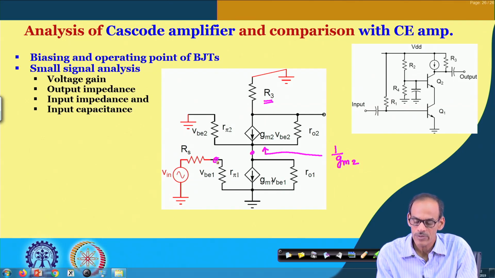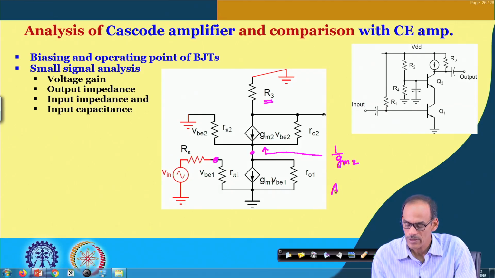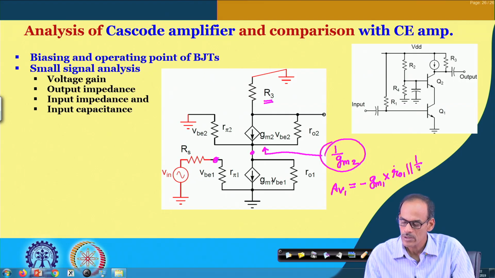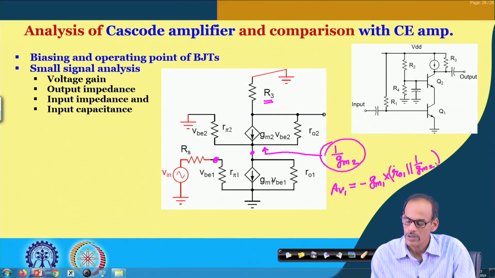So, the voltage gain from here to here, if I call it A V 1, is minus g m 1 multiplied by R O 1 in parallel with whatever impedance we are seeing here, and that may be in the order of 1 by g m 2.